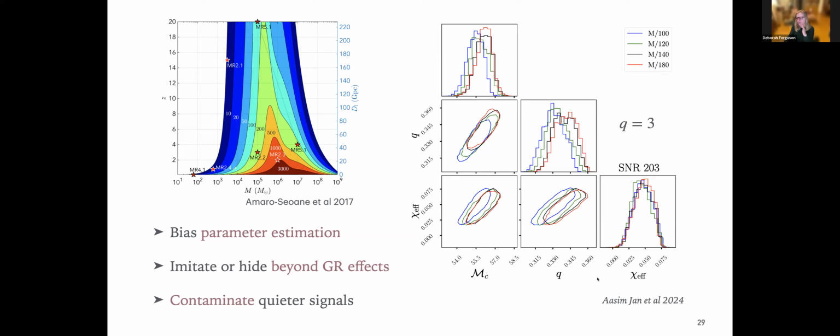If we just look at these 1D posteriors, because I think that's easier, you can see, for example, if you were trying to recover the mass ratio here, you're going to get different values depending on the resolution that you used. That could potentially affect our understanding of the systems that we see.